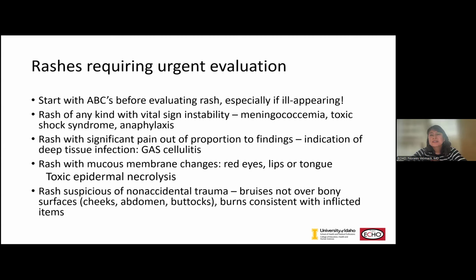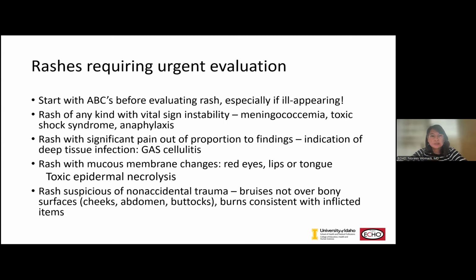Another important type of rash is when the pain associated with the rash seems out of proportion to your findings. Thankfully, group A strep cellulitis isn't as common anymore, but some of you may remember the terms flesh-eating strep or flesh-eating bacteria. That was this particular type of strep cellulitis, and it often caused a very minimal rash, but since it was a deep infection, usually the pain was quite significant.